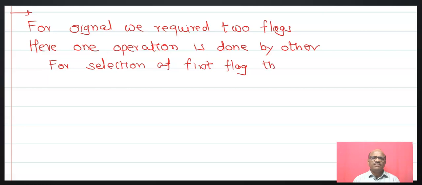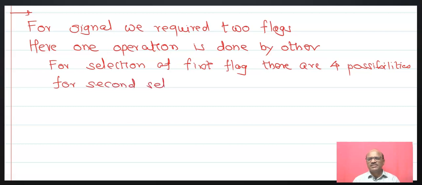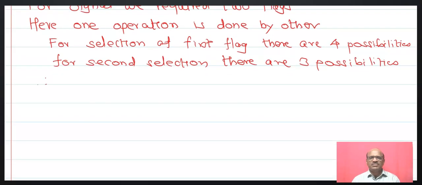The selection of the first flag: there are 4 possibilities, we can take it from the 4. For the second selection, there are three possibilities.